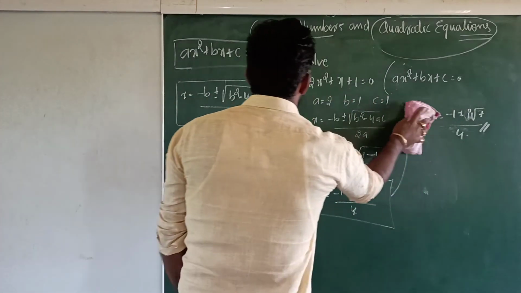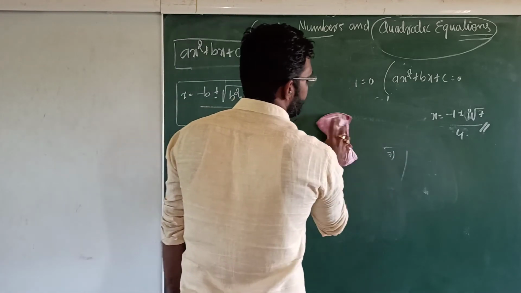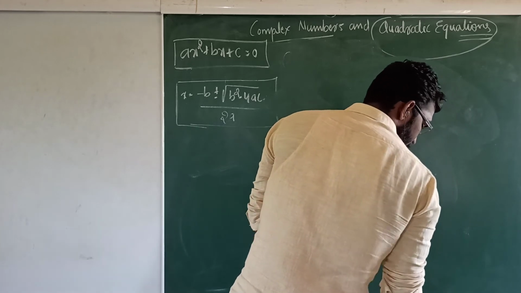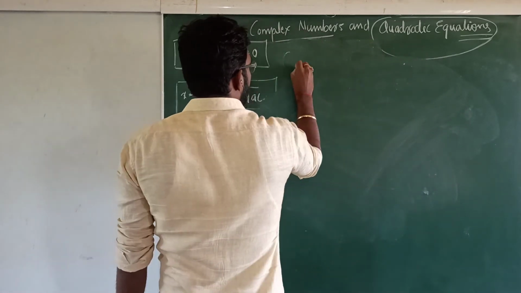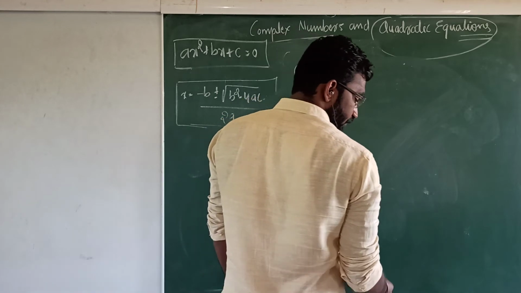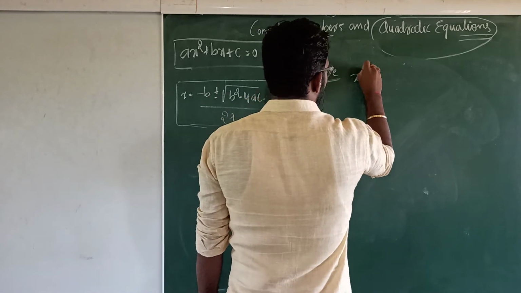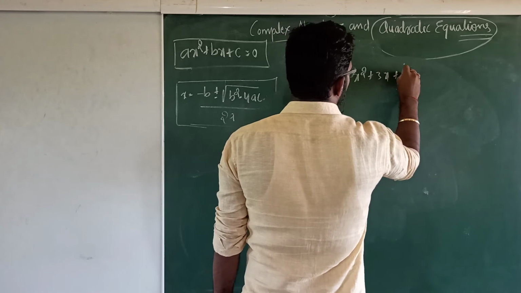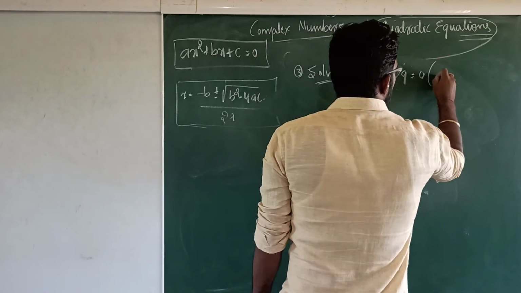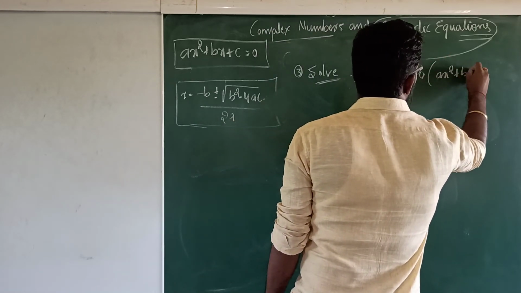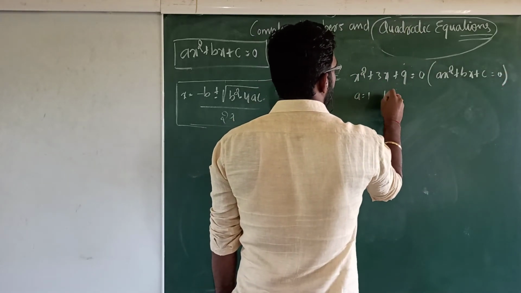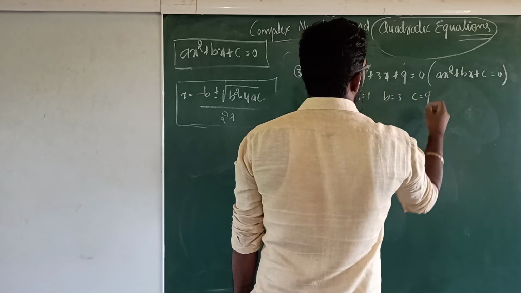Simplify. Next I am going to take one more example, which is the third example in exercise 5.3. Solve x² + 3x + 9 = 0. On comparing with ax² + bx + c = 0, a = 1, b = 3, c = 9.